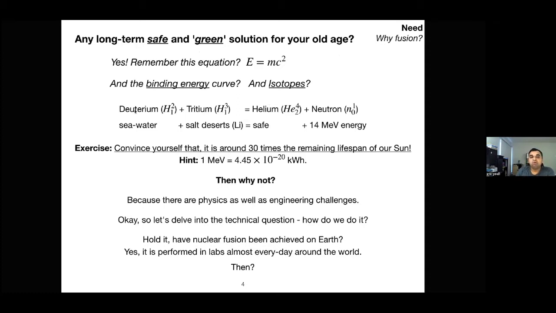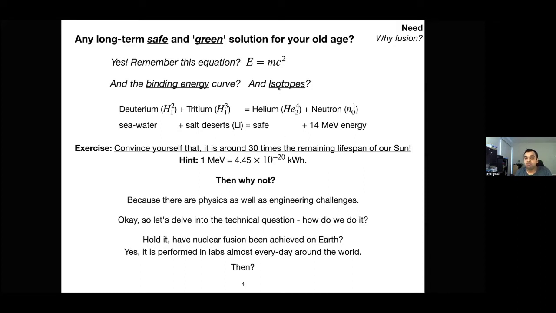But the amount of deuterium and tritium that we already have stored on Earth, from seawater and salt deserts, is really a big number. So we don't necessarily need to worry about that. The way we are consuming now, the total amount of fusion energy that we can produce out of it is roughly 30 times more than the lifespan of the sun.